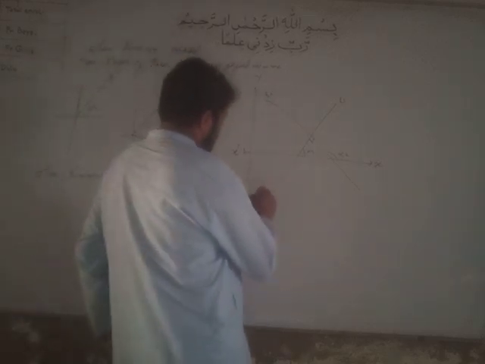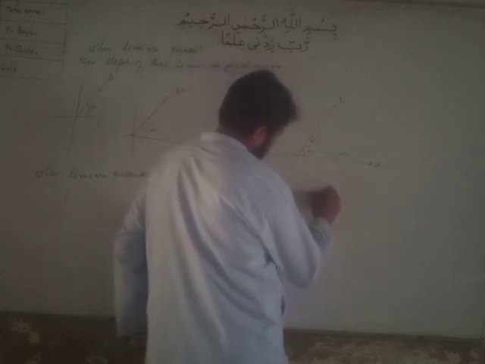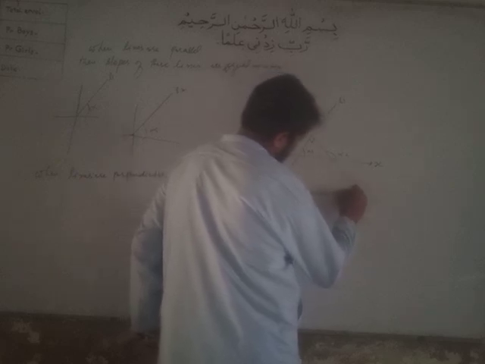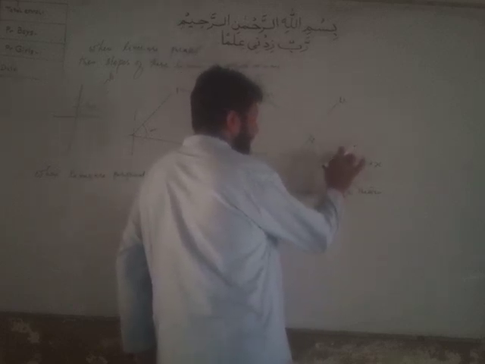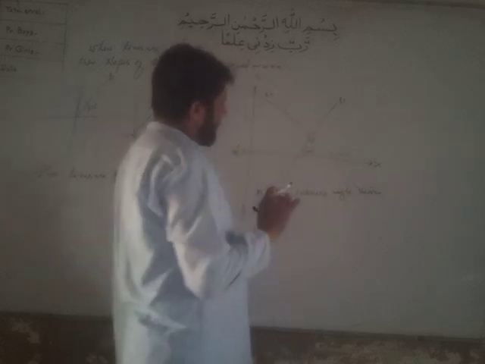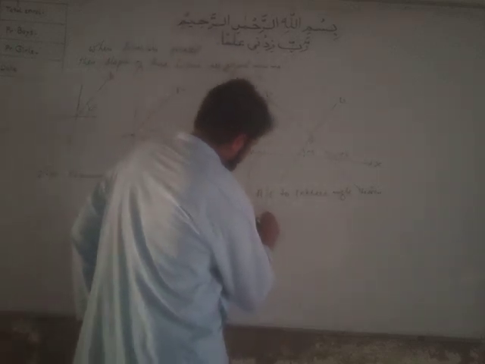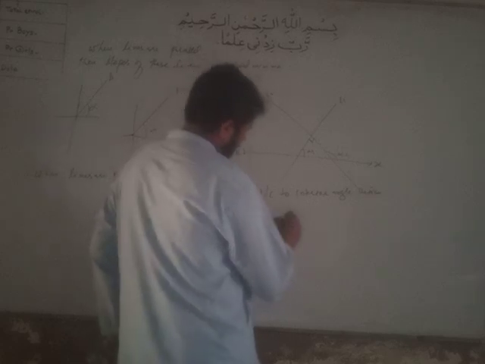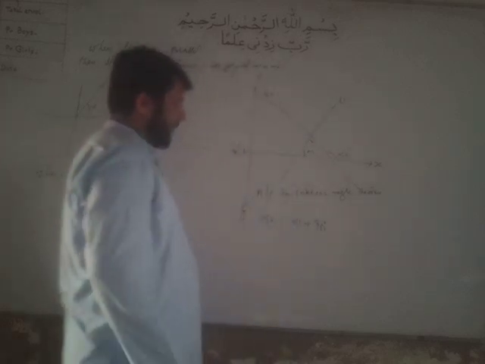According to the interior angle theorem, the measure of this angle is equal to the sum of the other two angles of the triangle. So we can say angle 2 is equal to angle 1 plus 90 degrees.